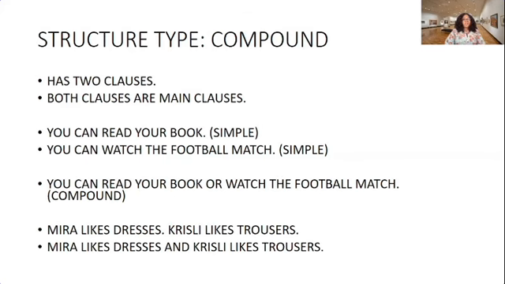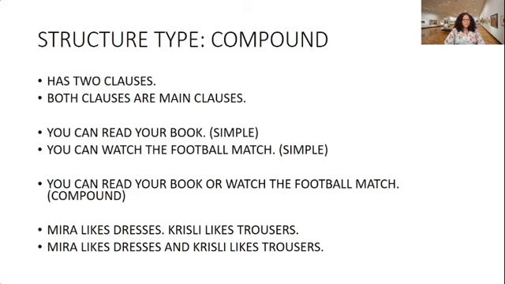The second type of sentence, according to structure, is the compound sentence. Now, the compound sentence is different from the simple sentence because it has two clauses in it. Both clauses are also main clauses. Now, if you remember that I said that the main clause is a clause that can stand on its own to form a sentence, that automatically tells you that a compound sentence is a sentence that can be broken into two complete sentences.